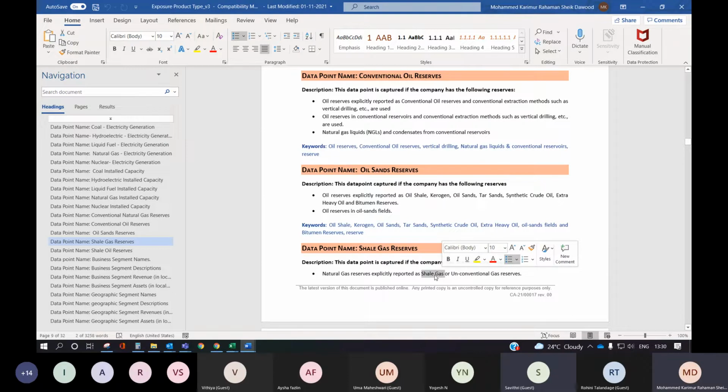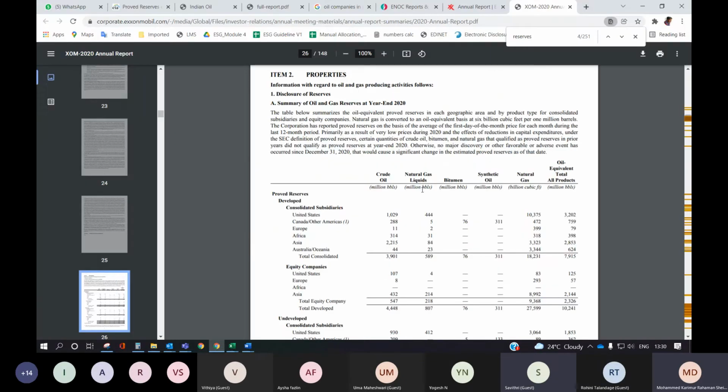This data point is numeric, where you will have two different tabs. In the first tab you capture the value, and in the next tab you capture the unit. If it is disclosed in BBLS, you capture million BBLS.